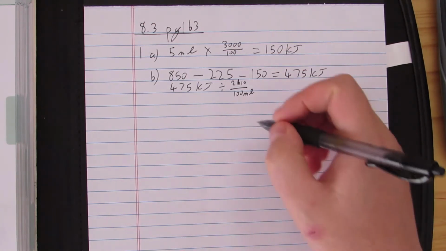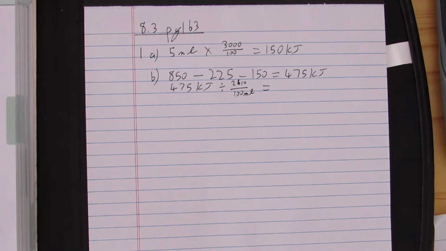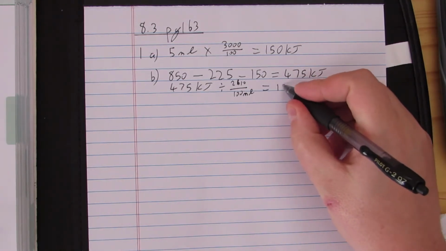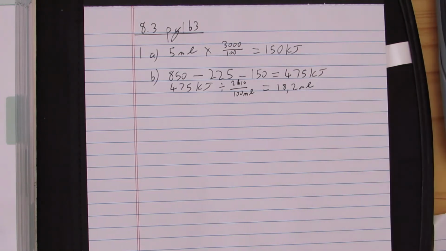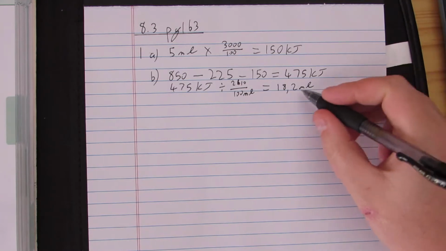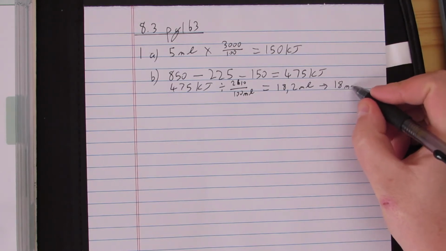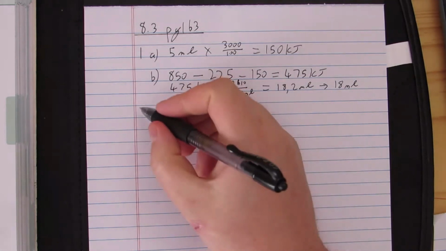Okay, if we divide it by that amount, we are going to get 18.2 milliliters of peanut butter. And realistically, no one's going to be measuring 0.2, so we'd probably round it to 18 milliliters of peanut butter that they would be allowed to eat. Alright, then let's move on to question 2.